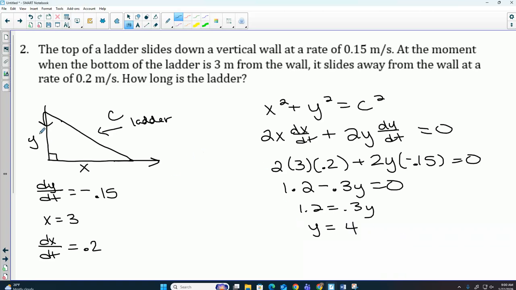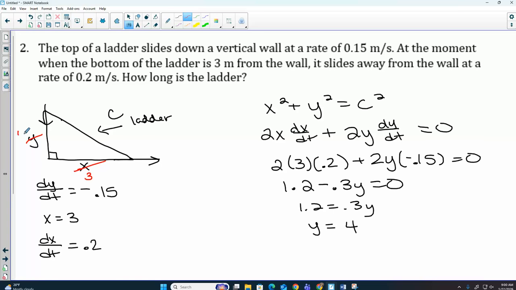No. What I know at this point, that particular instant in time, this is 3 and this is 4. But I'm still looking for my ladder. So now we can do 3 squared plus 4 squared equals c squared. So the ladder is 5 meters long.